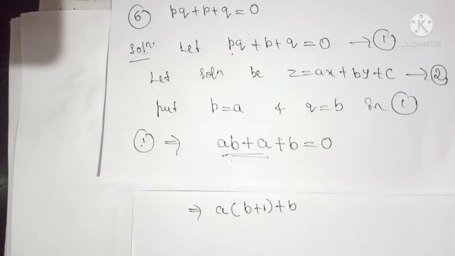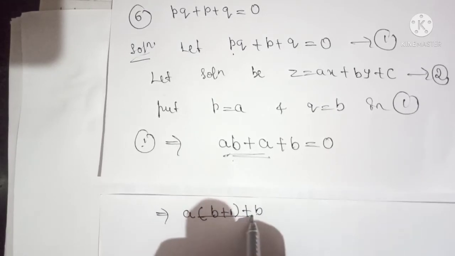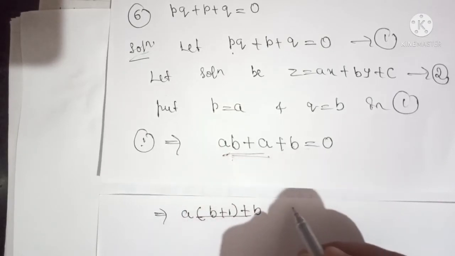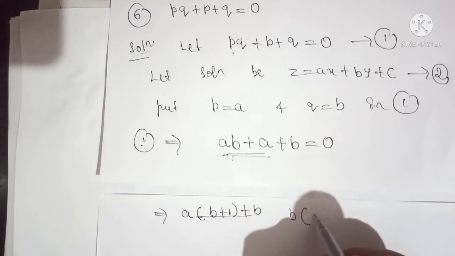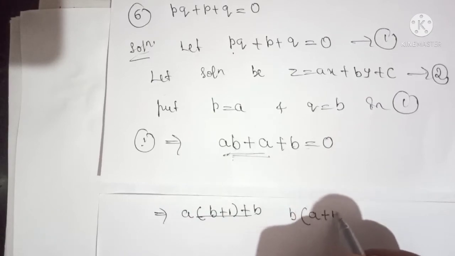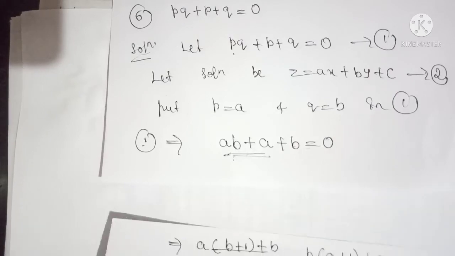Or do one thing, we will take b only common from this one. So on taking b common we get a plus 1, so plus a as it is equals to 0.